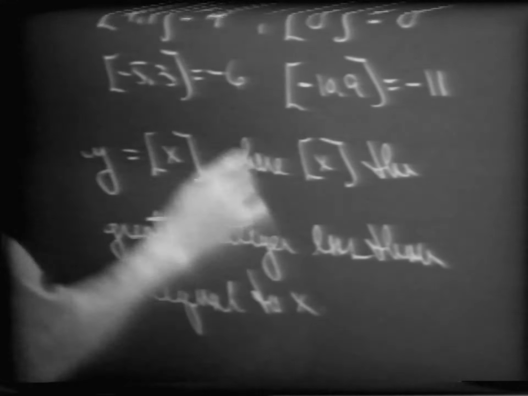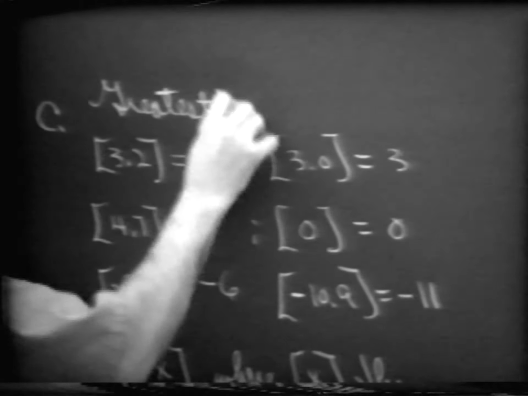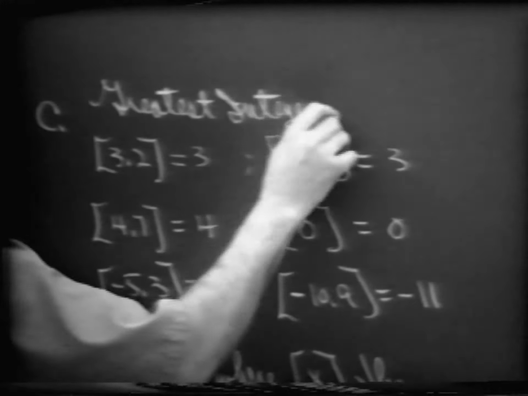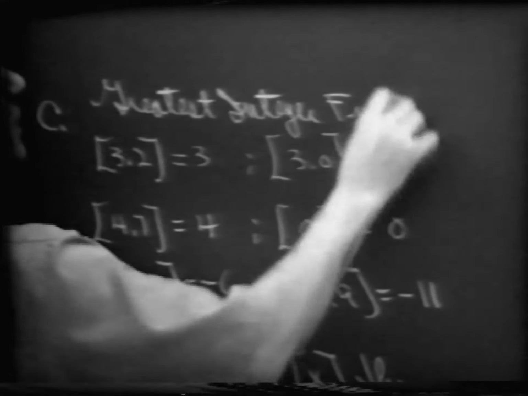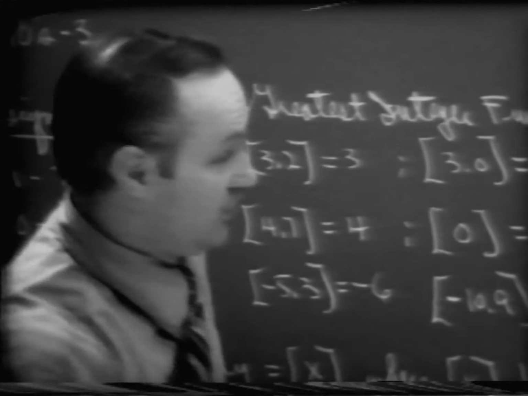And in fact, the name that we give this is called the greatest integer function. And here's an example of a function that is very unusual, one that I don't think you've ever seen before, but it's sort of a fun thing for us to do.